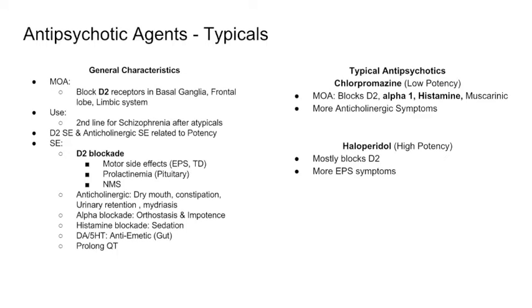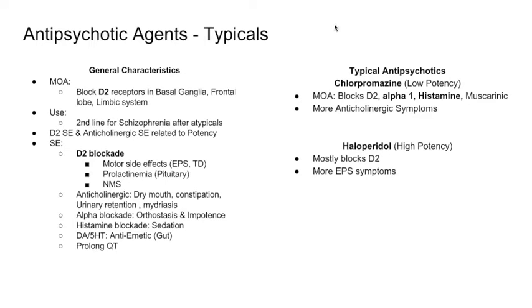They kind of came up with these drugs and they didn't really know how it worked. But now, when they knew that the main effect is due to dopamine blockade, they came up with the atypical antipsychotics that are specifically targeting the dopamine. So our first slide, or our first discussion, is with the typical antipsychotics.